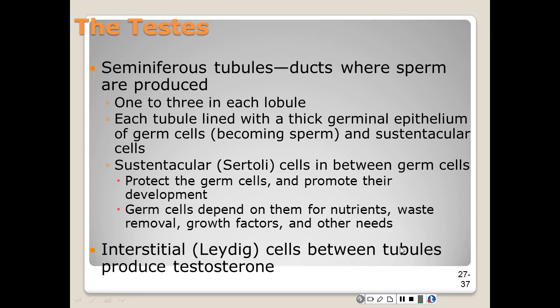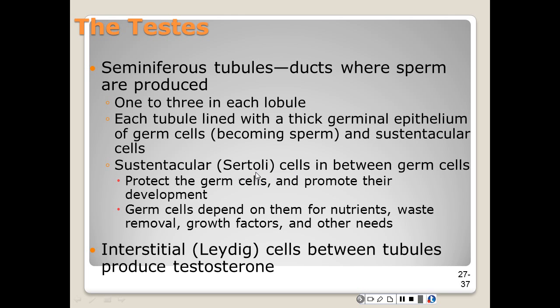So the seminiferous tubule has a narrow lumen that's lined by a thick germinal epithelium. This epithelium consists of several layers of germ cells in the process of becoming sperm, and a smaller number of tall sustentacular cells that protect the germ cells and promote their development. Those are the Sertoli cells.